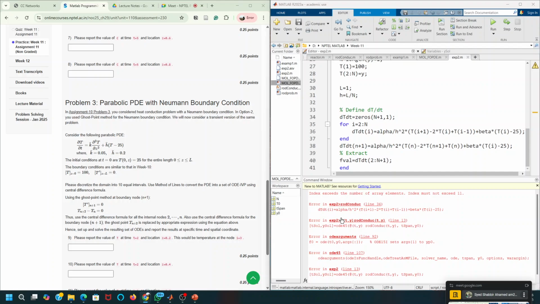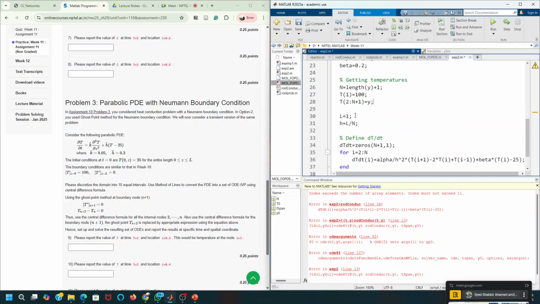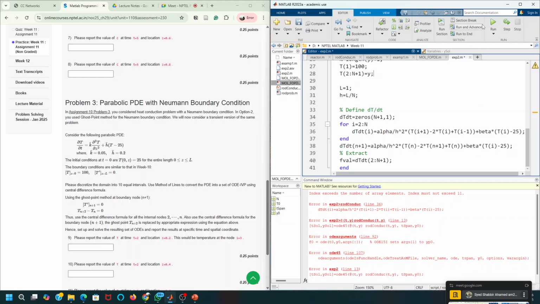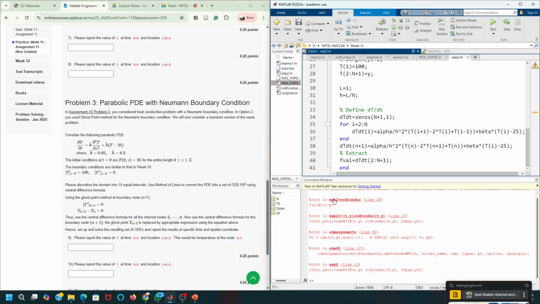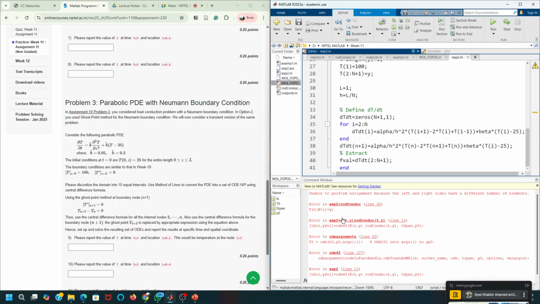Ah, so this is n plus 1, so we have to go from here to here. How is that? Again, some different number of elements.